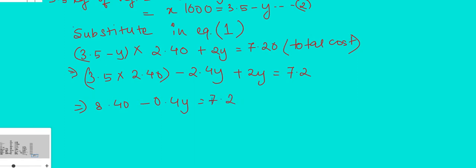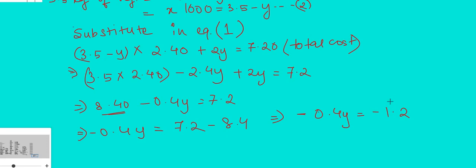Now what do we need to do? We need to subtract 8.40 from both the sides of the equation. Therefore we get minus 0.4y is equal to 7.2 minus 8.4, which gives us minus 1.2.